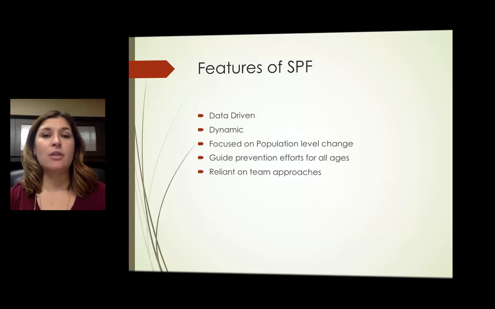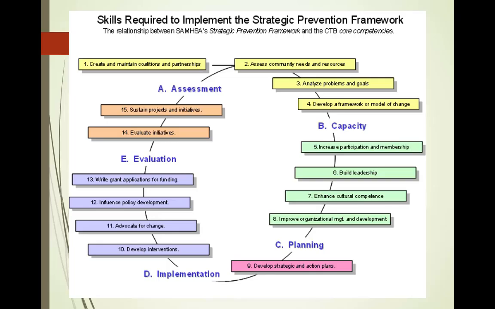It should be focused on those target areas that don't get much attention, like ages 18 to 25 or 65 and older. Each step requires and benefits from diverse community partnerships, so it needs to be reliant on a team approach. The need for prevention partnership is needed throughout the process and is why coalition building is so important.